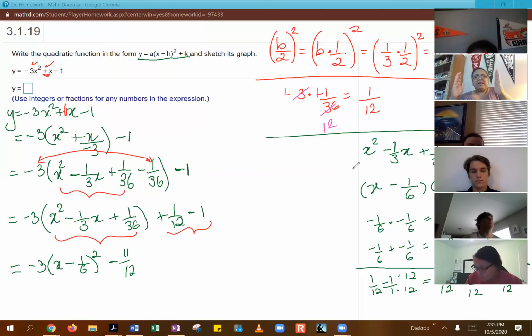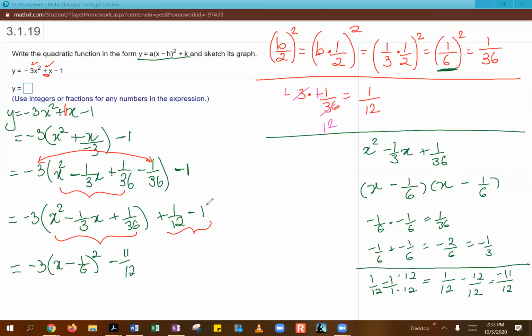So now you can see we have taken this equation from the standard form into the transformation form. We've got negative 3 for our A value, 1/6 for the H value, and then the negative 11 over 12 for the K value. So now all we have to do is put this into our answer box and check our answer here.